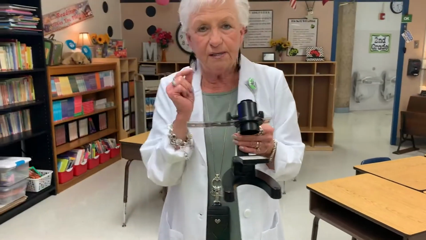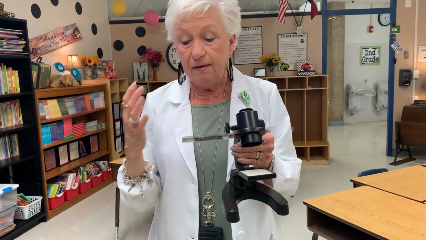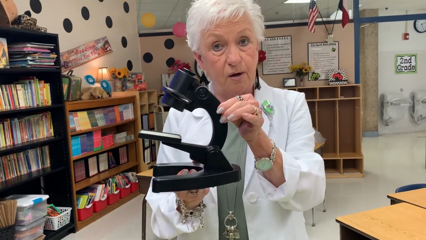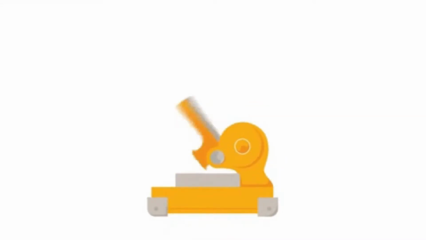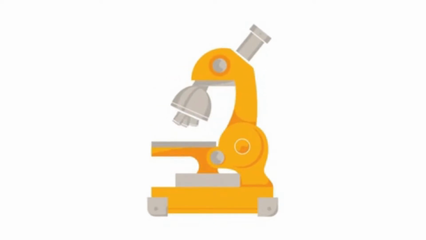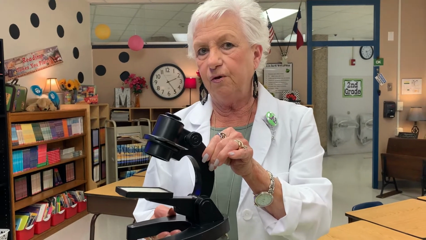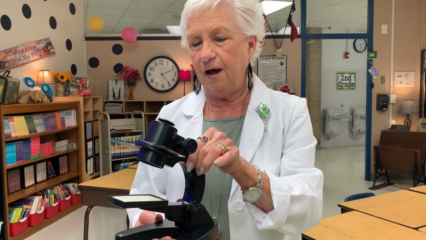Okay, next, this is a 2nd grade version of a microscope. When scientists want to look at something that's very, very tiny, and they can't see it with their eye or even using a hand lens, they're going to use what we call a microscope. This is a micro viewer. And hopefully, if we get to come back to school, you'll get to use a micro viewer, if we can work it out.